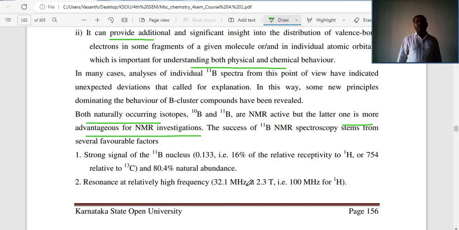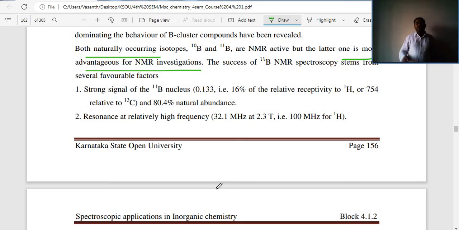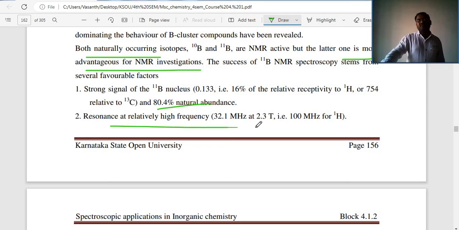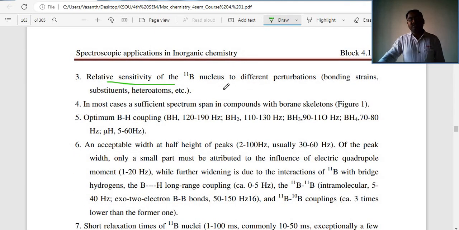The success of B-11 boron NMR spectroscopy stems from several favorable factors: the strong signals of the boron nucleus, its natural abundance of 80.4%, the resonance at a relatively high frequency, and the relative sensitivity of the B-11 nucleus to different perturbations.